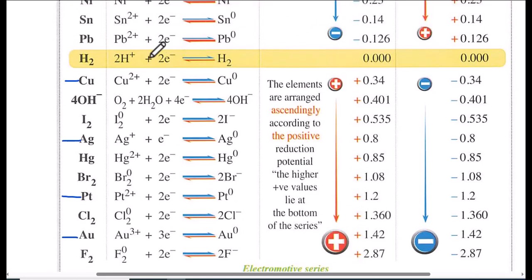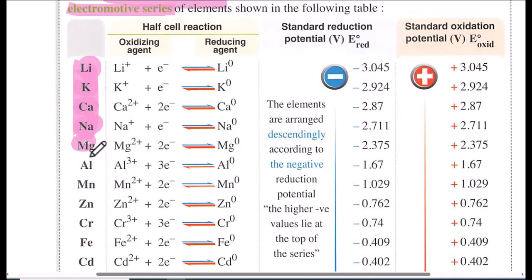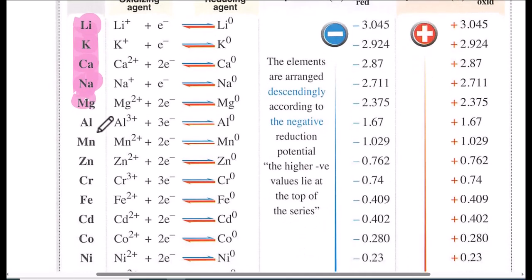Okay, so how can we memorize it? The elements with higher oxidation potential, the more active elements, are those of the first and second groups in the periodic table: lithium, potassium, calcium, sodium, magnesium, and also aluminum.